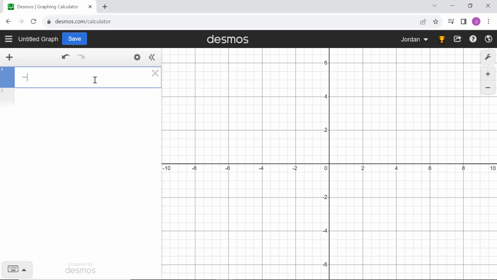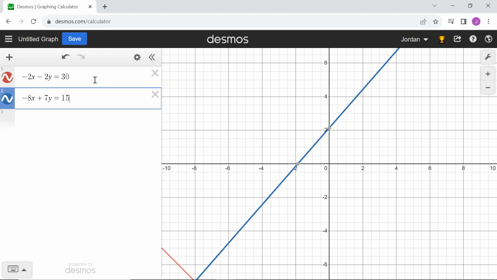Let's type in both equations, negative 2x minus 2y equals 30. I should say you turn to Desmos or any other graphing system that you want. If you wanted to graph by hand, you could graph by hand. If you wanted to use a TI-83 or a TI-84 calculator, that would be fine as well.